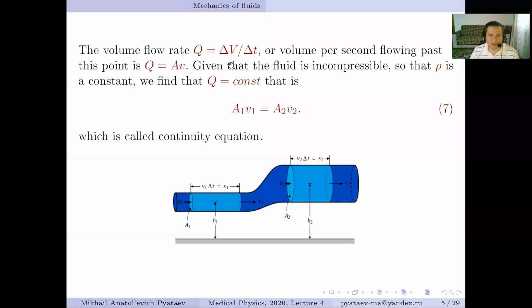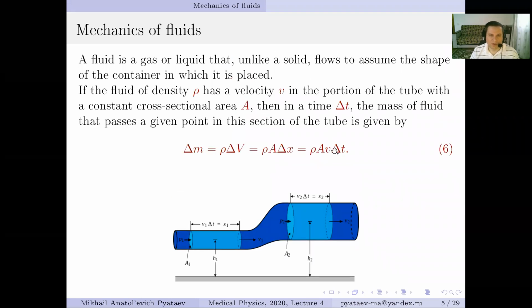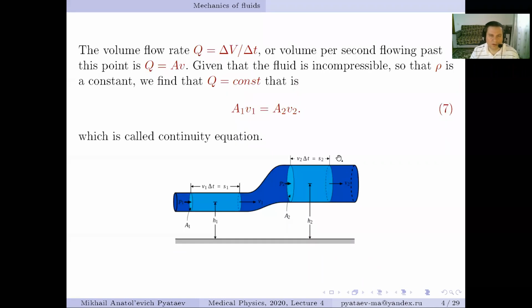So Q equals delta V by delta t. And from equation 6, we can see that this volume delta V equals A V delta t. So if we divide it by delta t, we find that Q equals A V.